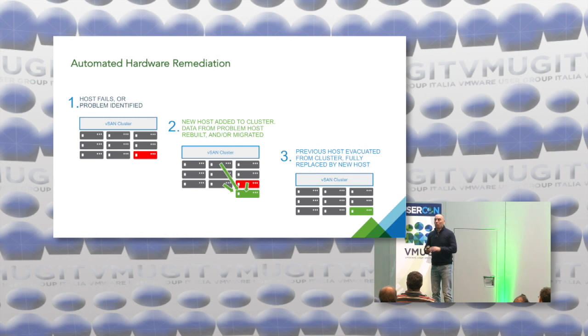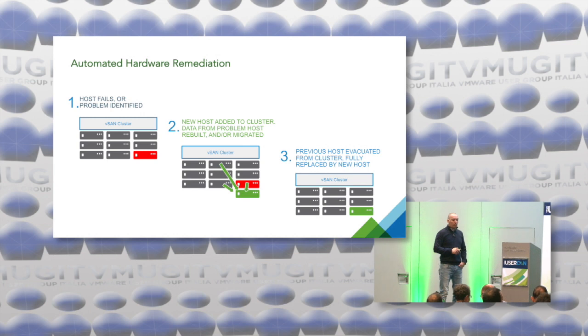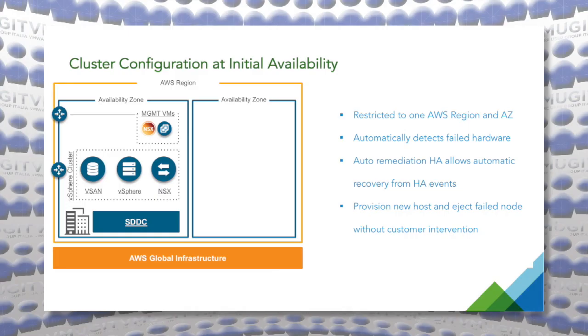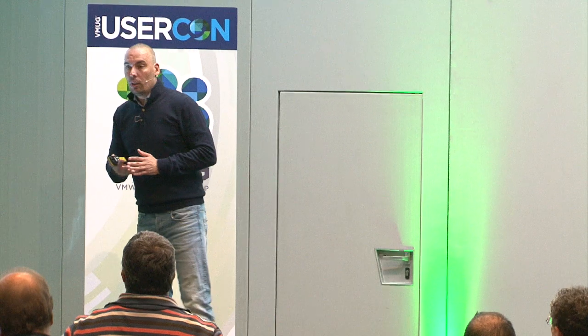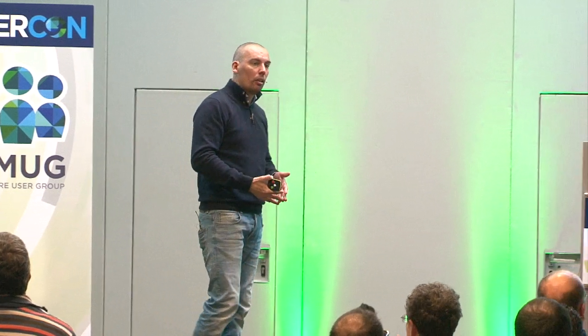Who of you, by show of hands, are using AWS already? A few, okay. One of the most common questions I get from AWS customers is, okay, how do you deploy this from an AWS infrastructure perspective? We're deploying it in one AWS region and in one availability zone as of now, right?